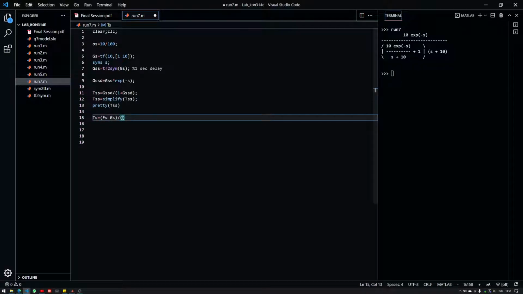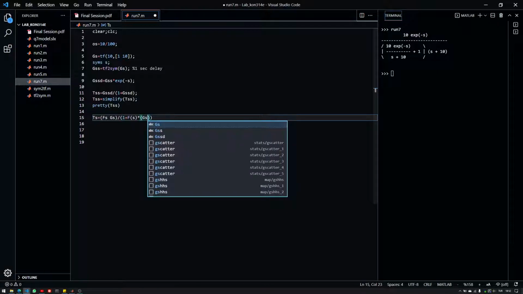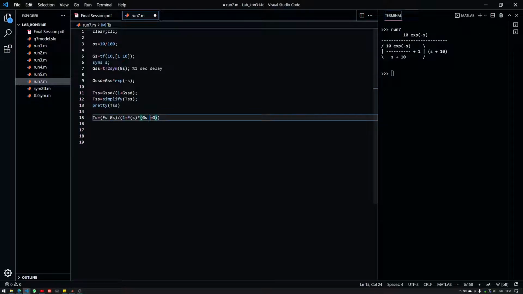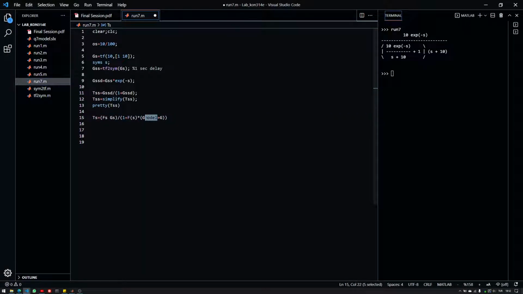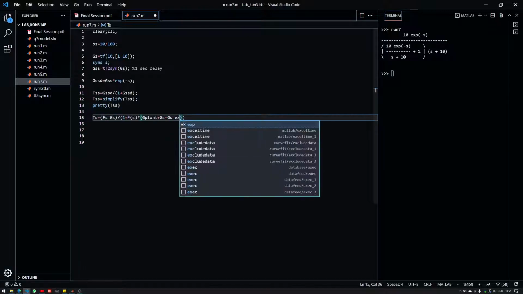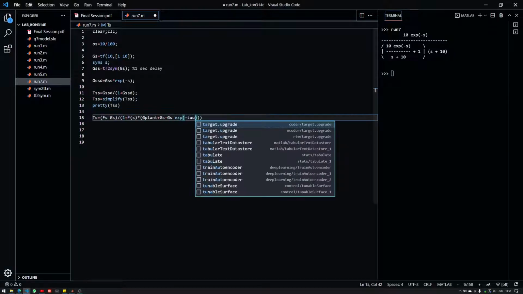Now, F(s) divided by 1 plus F(s) times, and this is the actual part, G(s) plus G plant, so let's call this G model or G plant, the physical plant, plus G(s) minus G(s) e to the power of minus tau s.